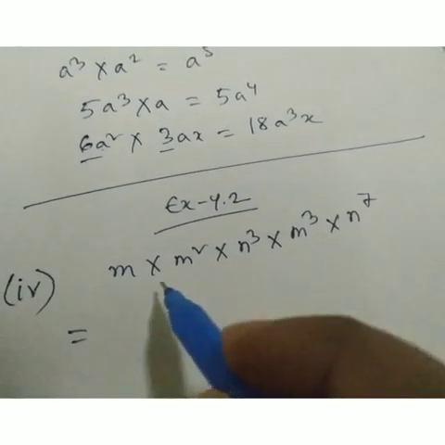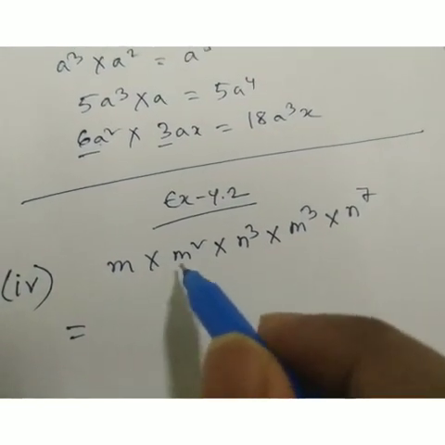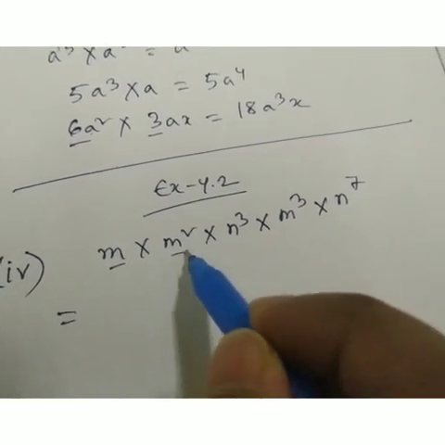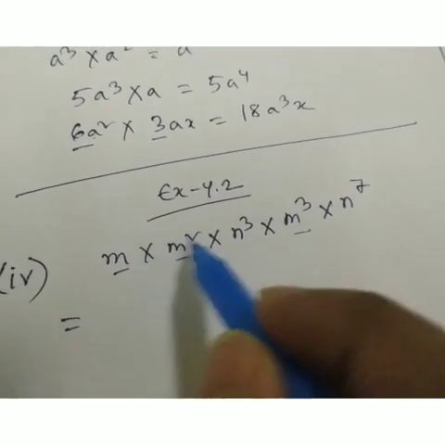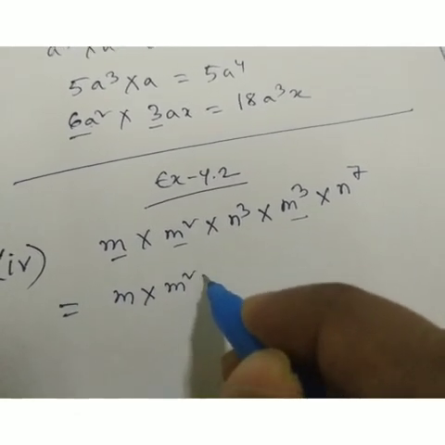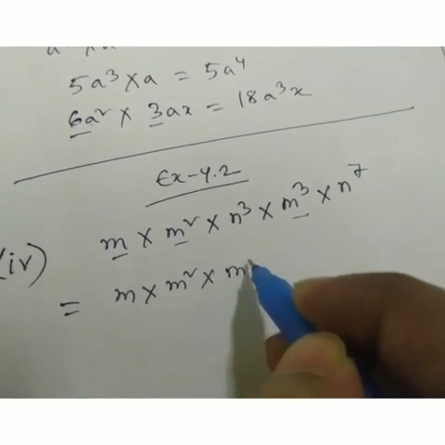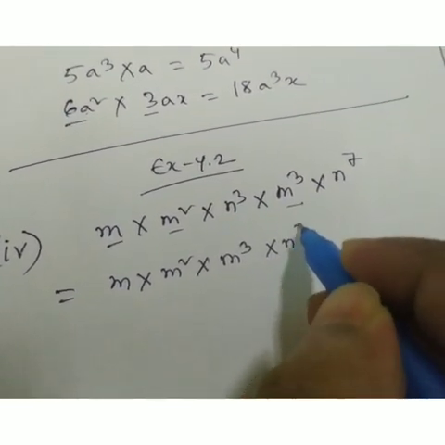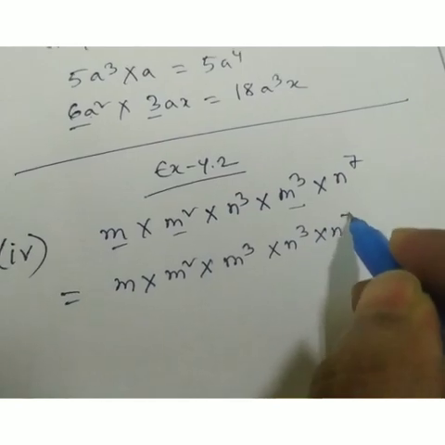First of all, we need to consider all the same alphabets, that's m, m, m. So we can write all the same alphabets together, m into m square into m cube, and finally n cube into n to the power 7.